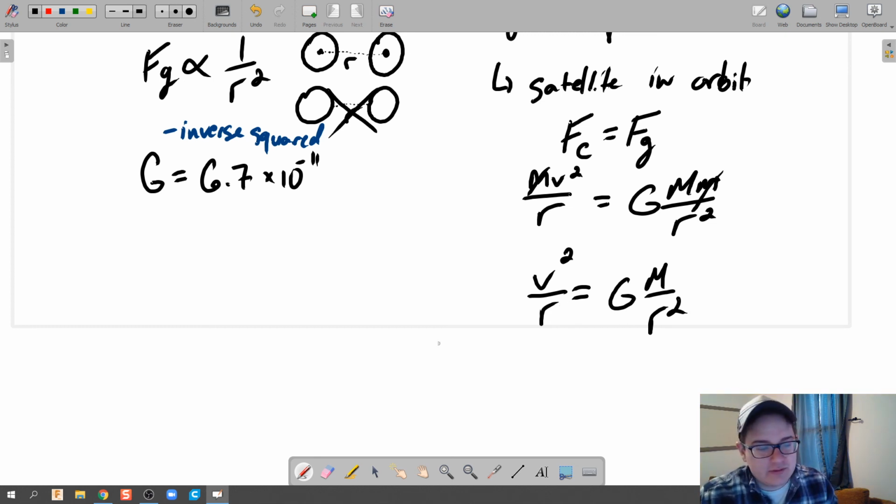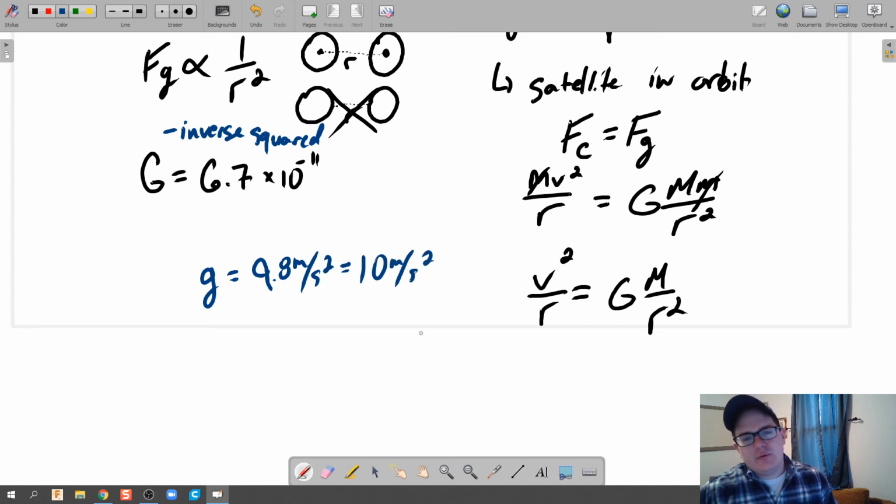Another thing I want to just kind of unpack, but I never really think it'll show up on a test, but it's just good to know, is we know the lowercase g as 9.8 meters per second squared, but in this class we often just say 10 for easy math. So where does this come from?